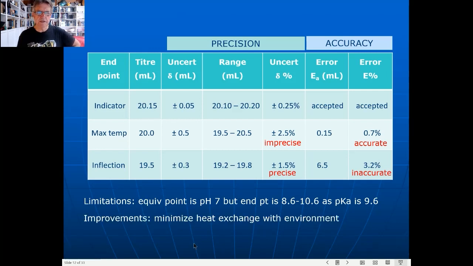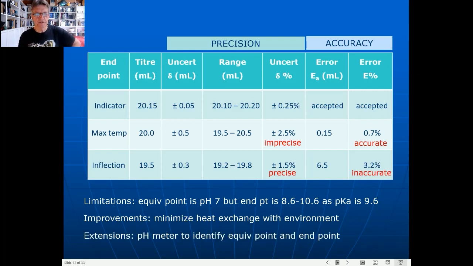A bigger one is trying to minimise the heat exchange with the environment, and one of the extensions would be using a pH meter in there to identify the equivalence and endpoints. Particularly the endpoint where you're getting a pH of 8.2, you're saying that's the indicator endpoint, but you could look at pH 7 as well.